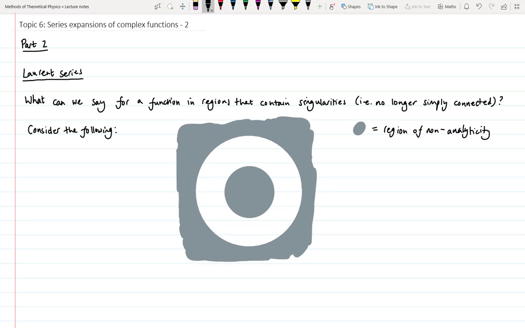I'm going to label a couple of important points, so I'm going to say that these circles are centered at the point z0.